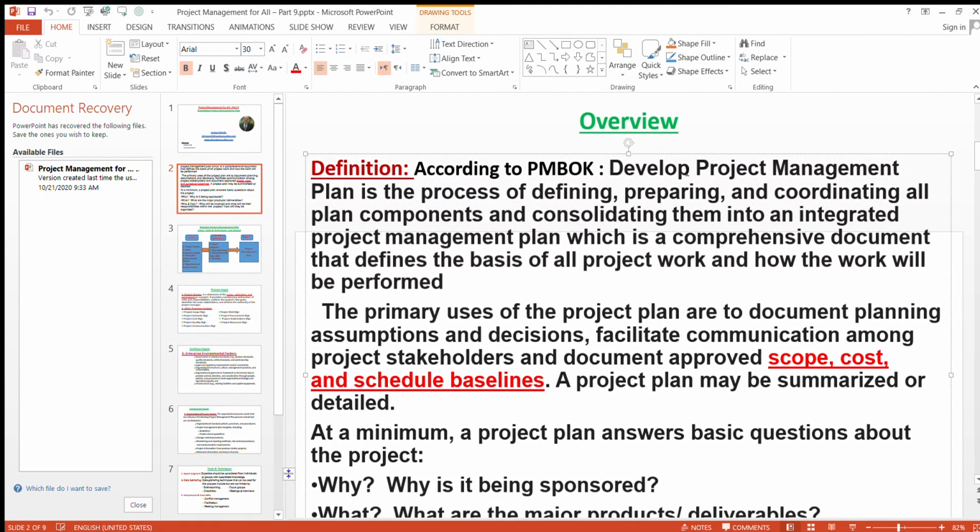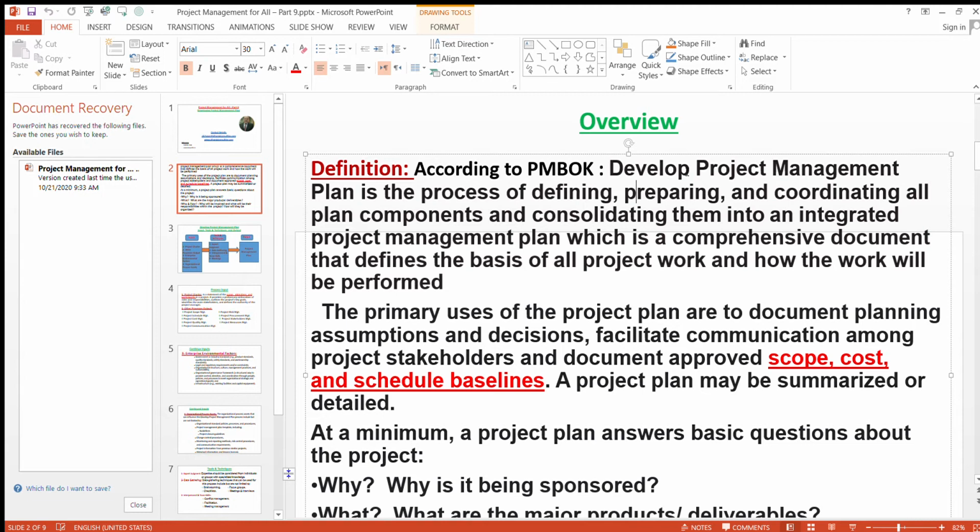project management plan. So as an overview on this PMP, the project management plan, the definition according to the PMBOK, develop the project management plan is the process of defining, preparing, and coordinating all plan components and consolidating them into an integrated project management plan, which is a comprehensive document that defines the basis of all the project work and how the work will be performed.